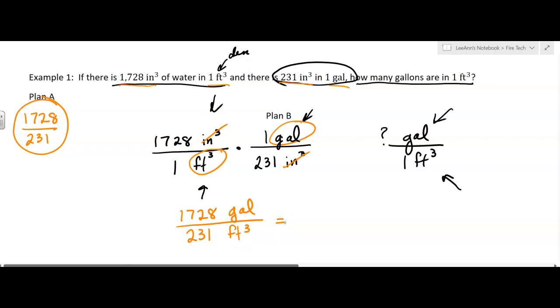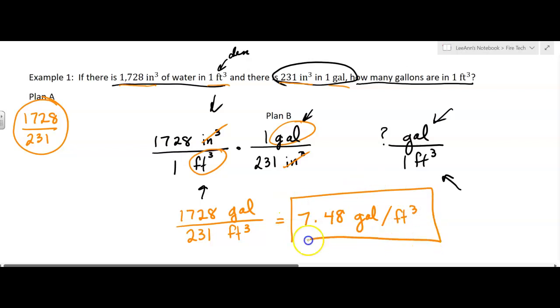I don't remember the answer, so let me get a calculator. 1,728 divided by 231. And now I've got a decimal, and we talked about this in the review videos, but I'm going to round to 2 decimal places. So 7.48, and that's gallons per cubic foot. Okay? All right.